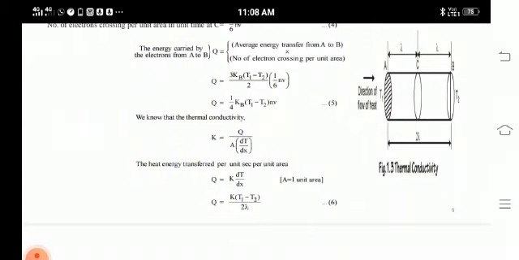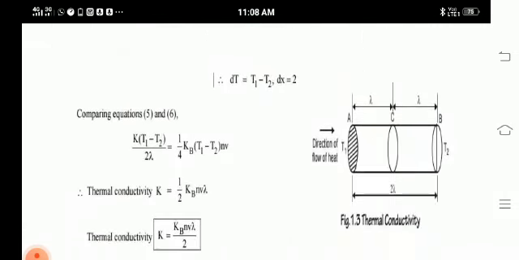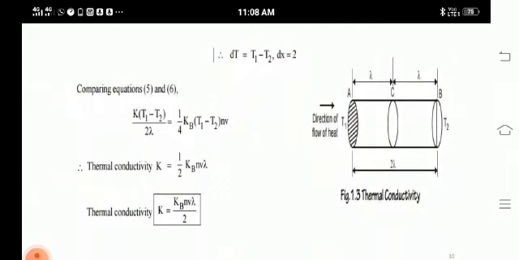So Q is equal to K into (T1 minus T2) divided by 2 lambda, where lambda is the mean free path. By substituting these values, we get thermal conductivity K equal to half nv lambda kB.